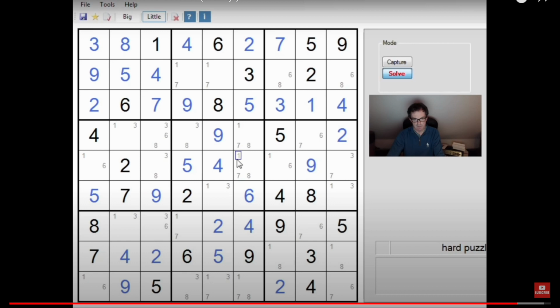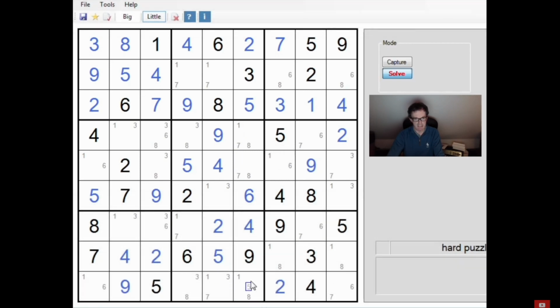To one of these two positions, this must be a 1 or an 8. I mean, we can probably force this again now using similar techniques to last time.